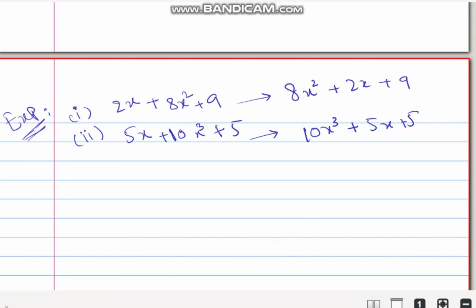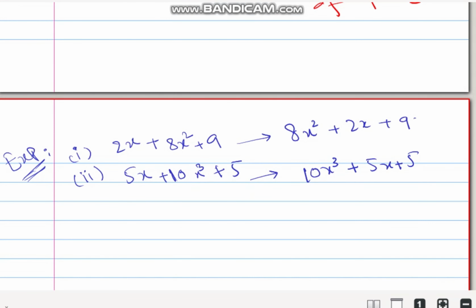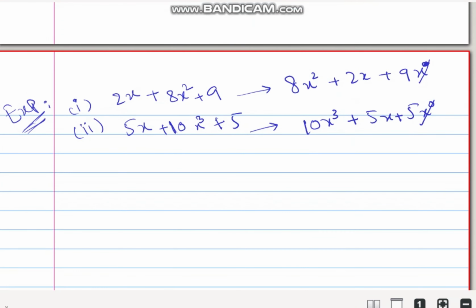Do you understand the point or not? Here x is also present, but the x power is 0, and a term whose power is 0 we don't write. So you have to write this in the proper form. This is the descending order. Did you understand the point?